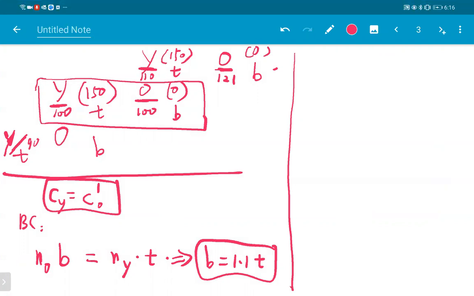When I'm young, I have C plus S, where C is my consumption when I'm young and S is my saving. That's equal to my income, 150, minus the tax I need to pay, T.